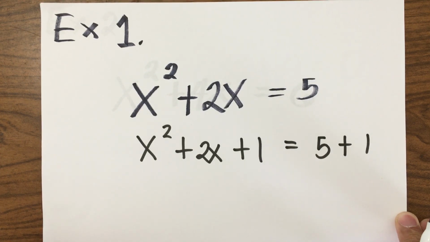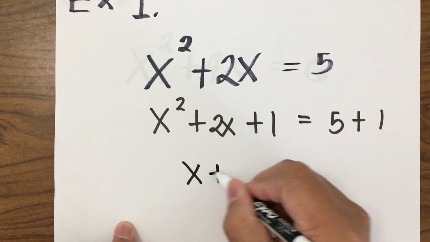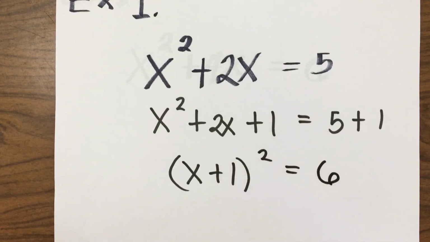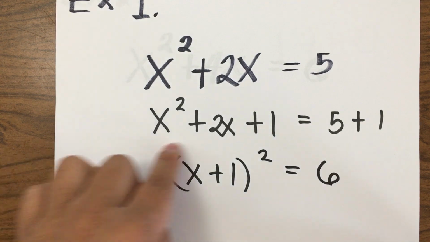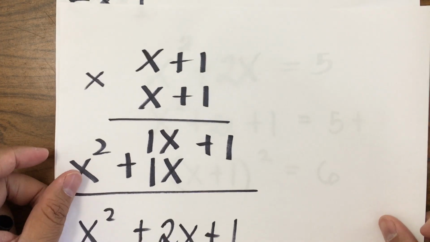And then from that, we can now write our perfect square equation. So you have (x plus 1) squared is equal to 6. Now if you're asking what happened to the 2x, this is the explanation.